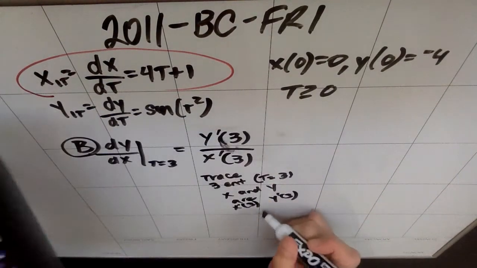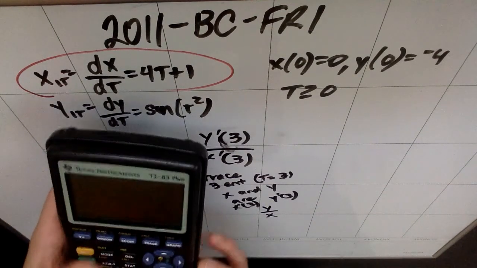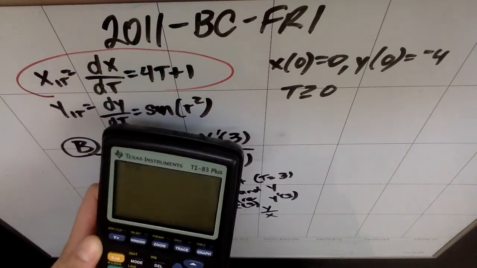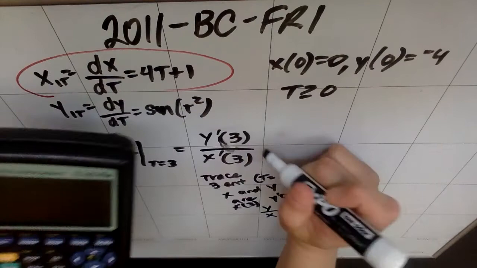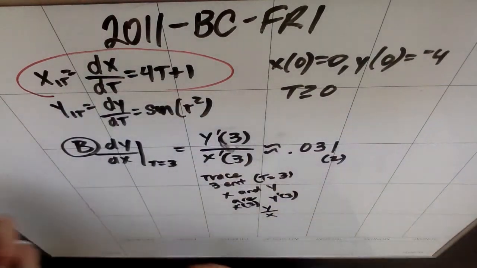So essentially, I can just type in my calculator y on top of x, and I'll get the answer I want. So if I quit out of this and I do alpha y divided by alpha x and hit enter, I'm going to get that this is 0.031 or 2, depending on if you round or truncate.